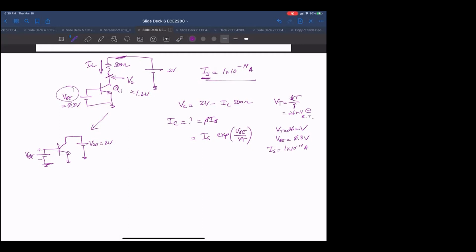So I'm just doing the exponential here. Let's see. This ends up being 2.3 times 10 to the 13th.